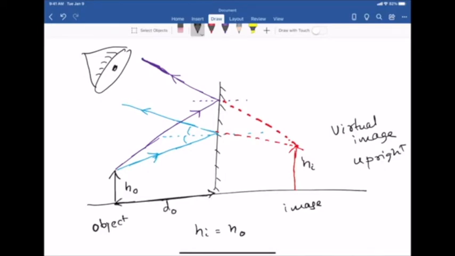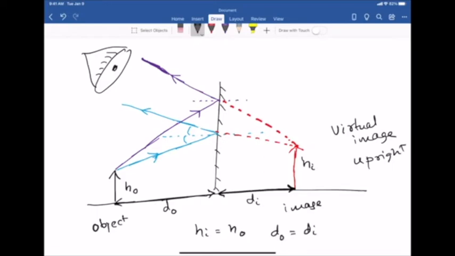And there is a related quantity, the image distance, which is the distance of the image from the optical system, and that is called di. Once again, you can prove from simple geometry that in this case do is equal to di.